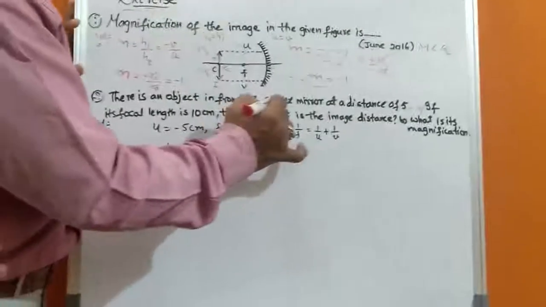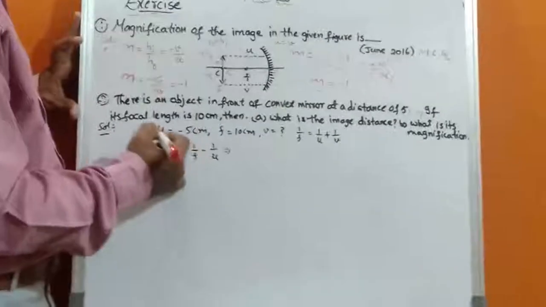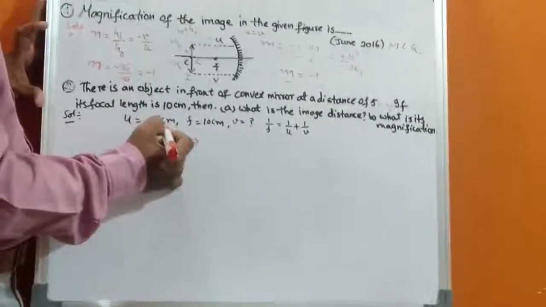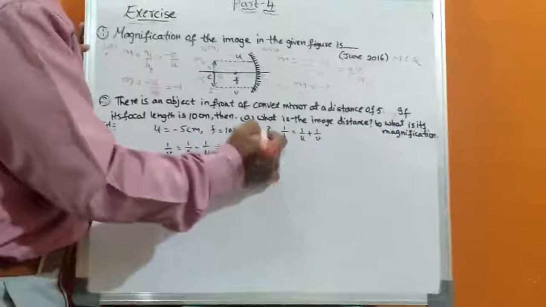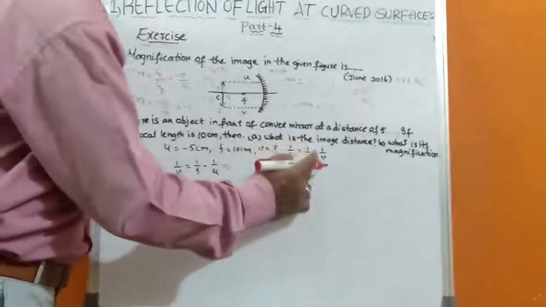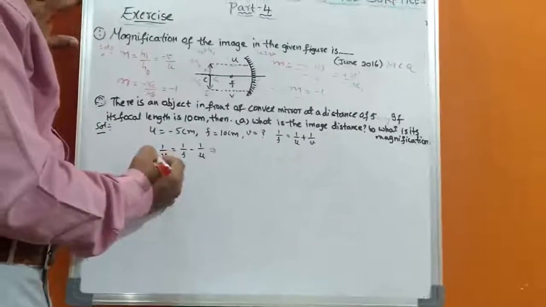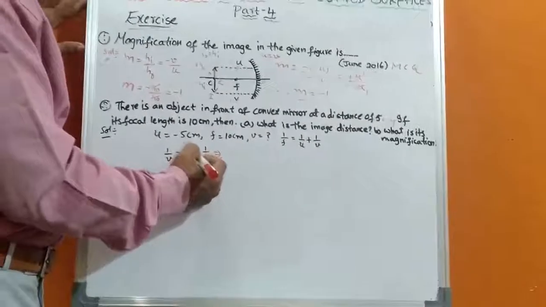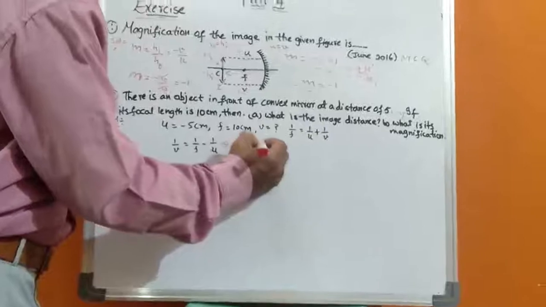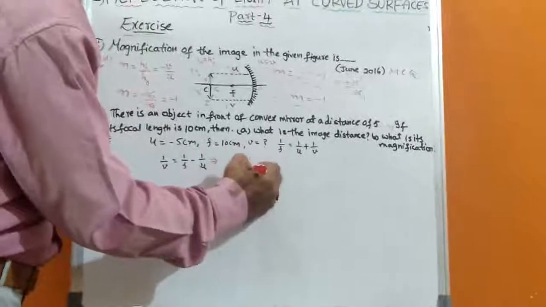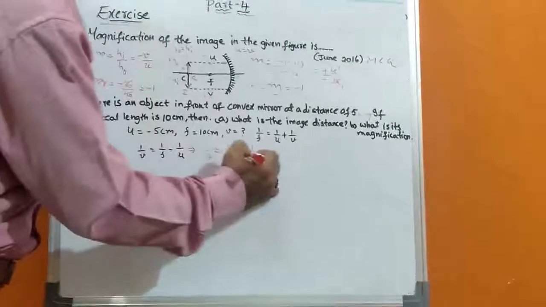This is a convex mirror, so U is minus 5 and F is plus 10 centimeters. We have to find V. We have the mirror equation 1 by F equals 1 by U plus 1 by V, so 1 by V equals 1 by F minus 1 by U, which is 1 by 10 minus 1 by minus 5.